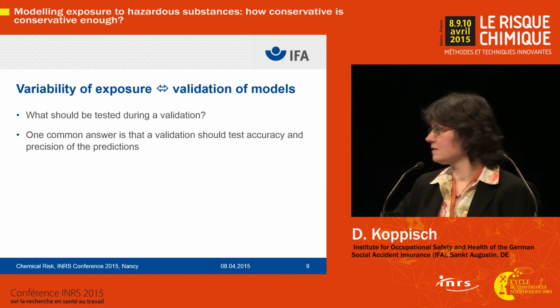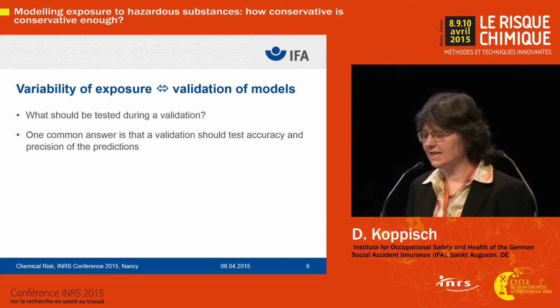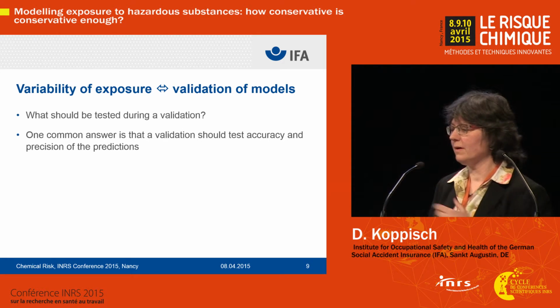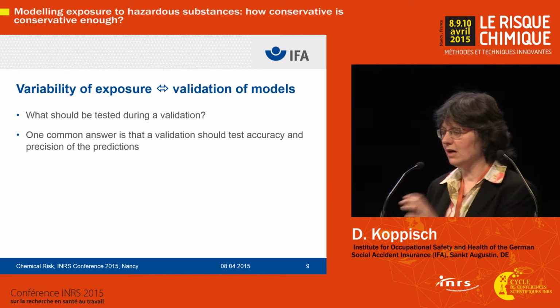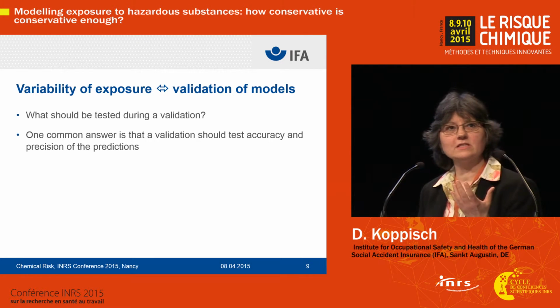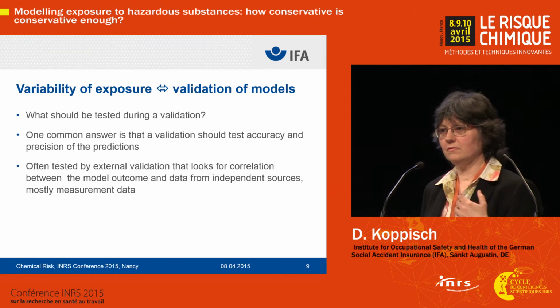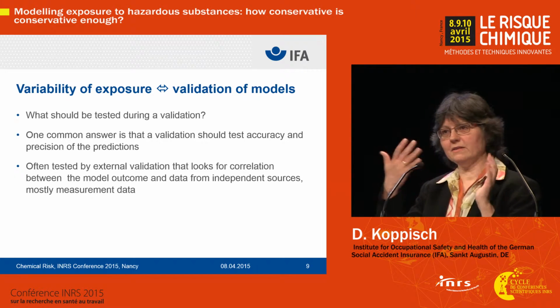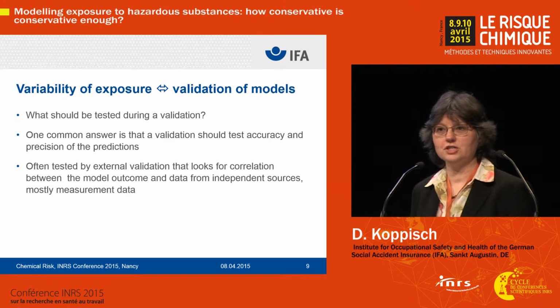And often these two are tested by so-called external validation, where you compare model outcome with data from an independent source, mostly measurement data. And normally you don't just compare the two values, but you look for several values and then you make a correlation.